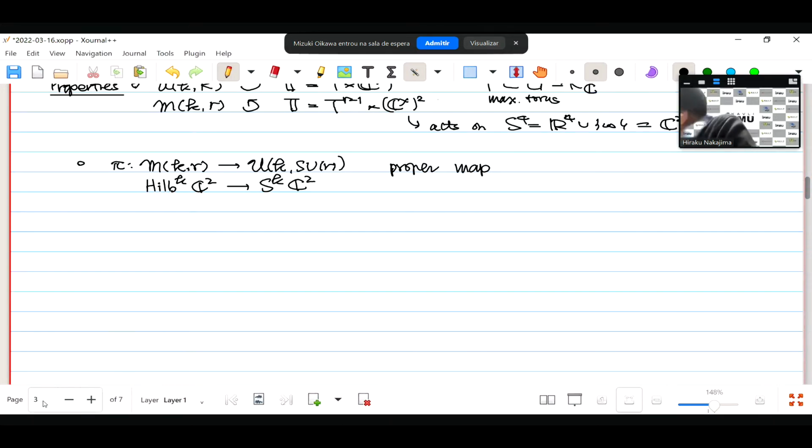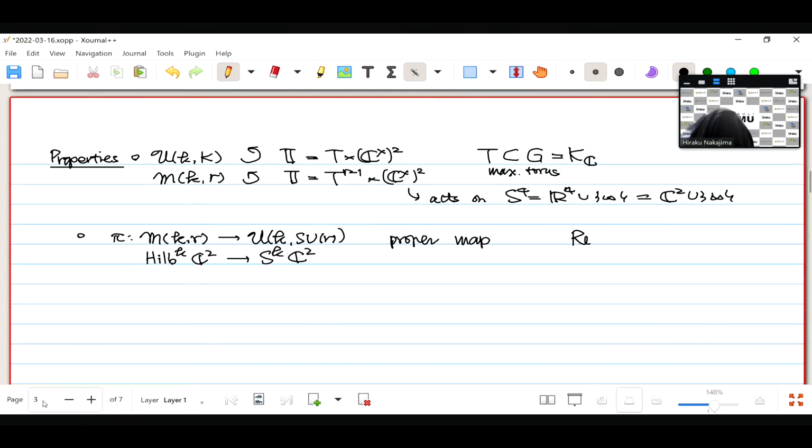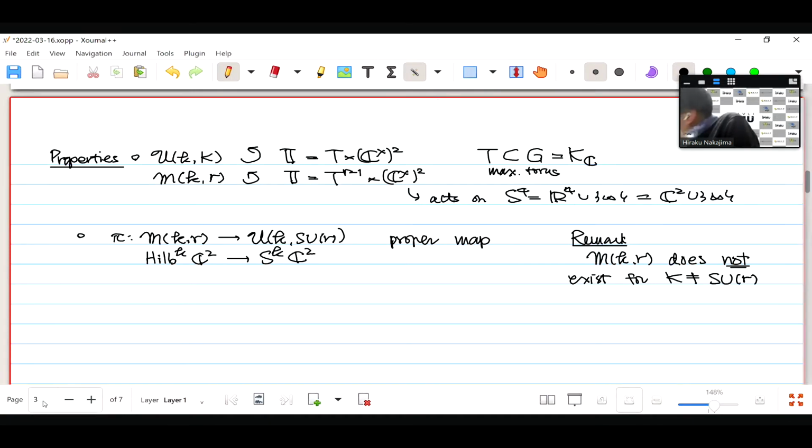One property which you don't need to understand is that this space M(K,R) does not exist for groups different from SU(R).